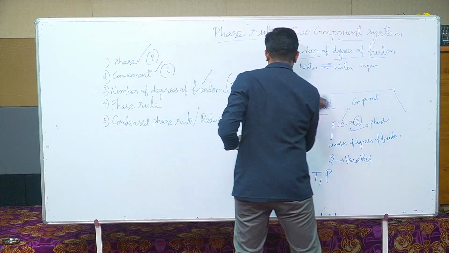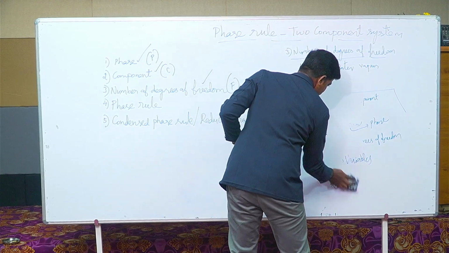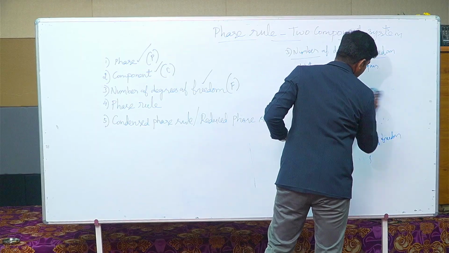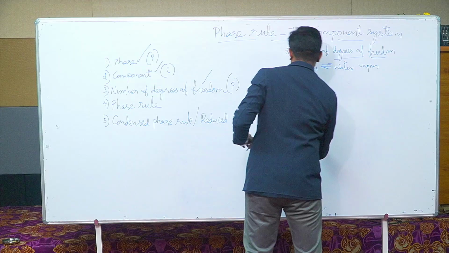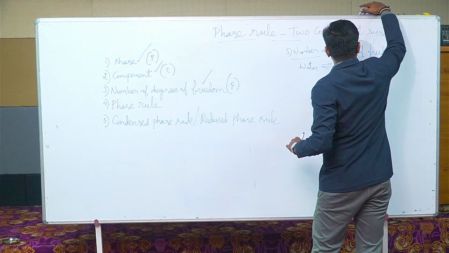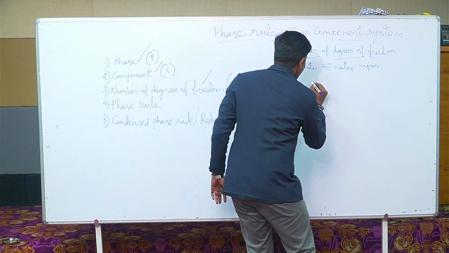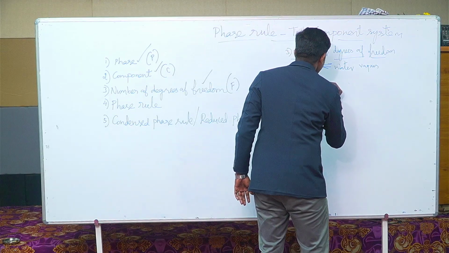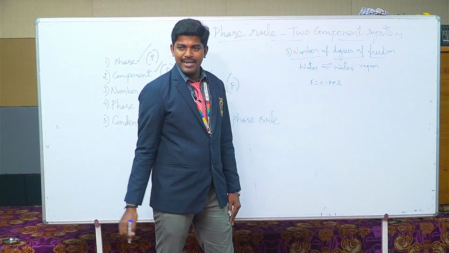Let me calculate. So the formula is F equal to C minus P plus 2.